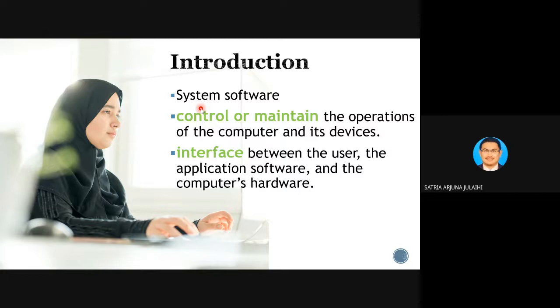The computer system is using the software to help it control or maintain the operation of the computer, and to act as an interface, antara muka perantara, between the user and the application software, and also the computer's hardware.